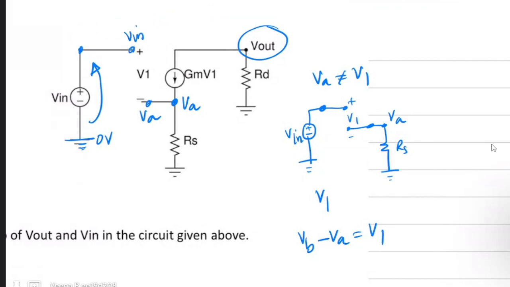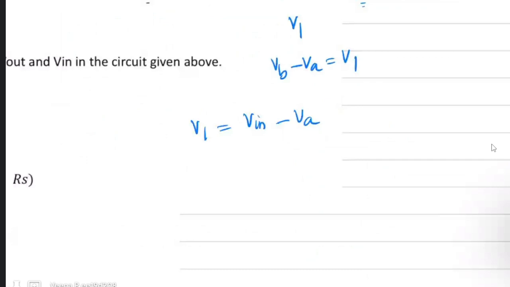So this point is V in, and this point is VA. So V1 is nothing but V in minus VA. This is our first equation.